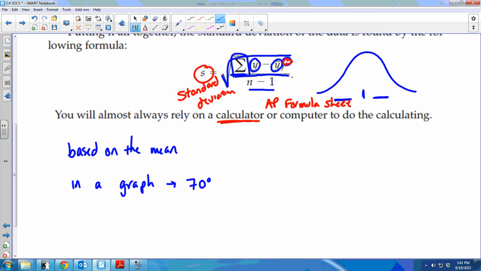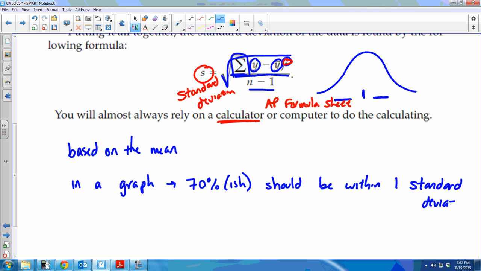About 70% of the data should be within one standard deviation. Now, that's because that's plus and minus from the mean.